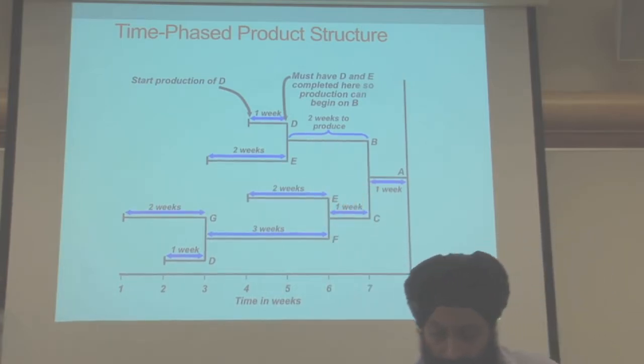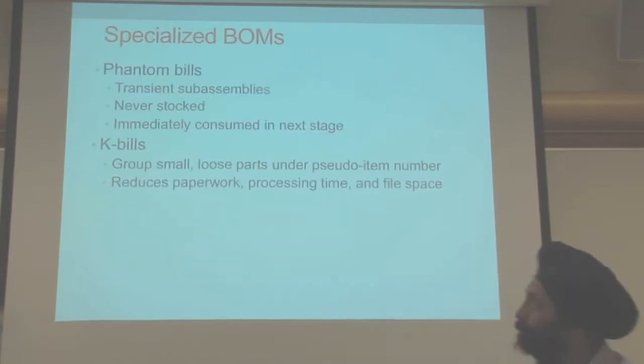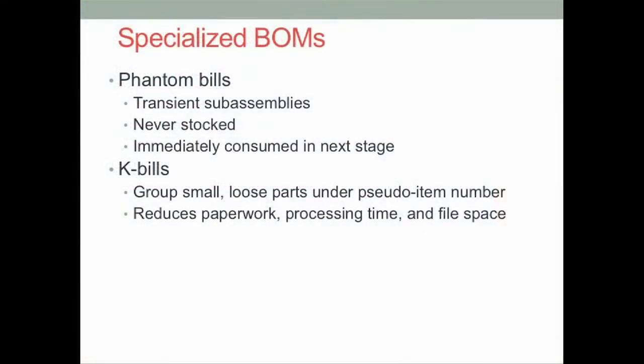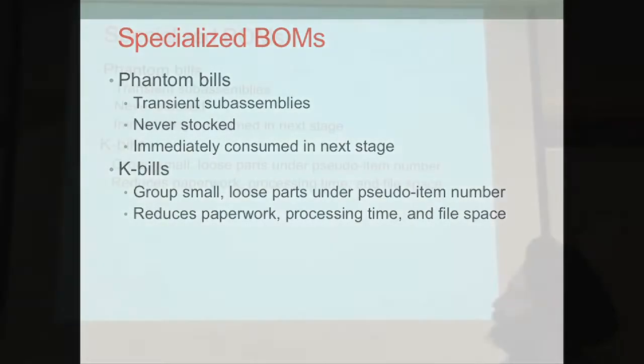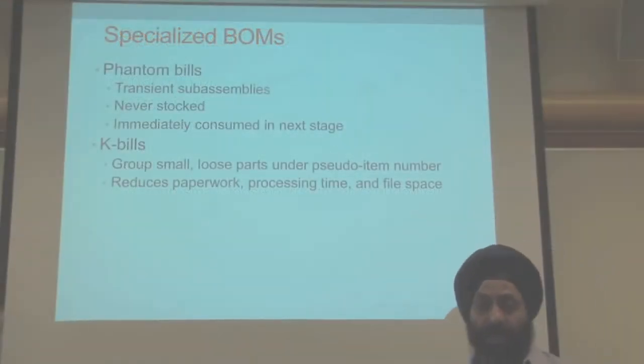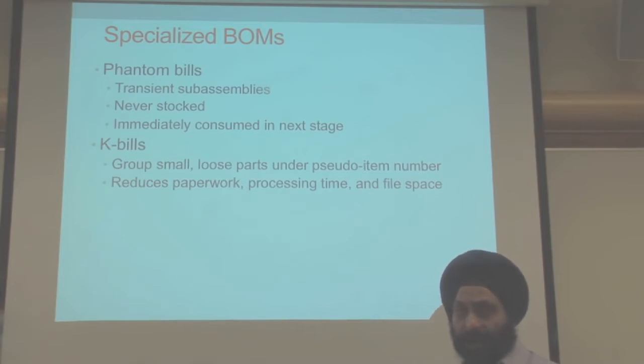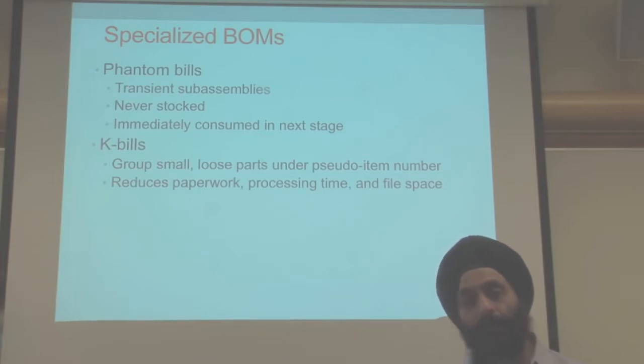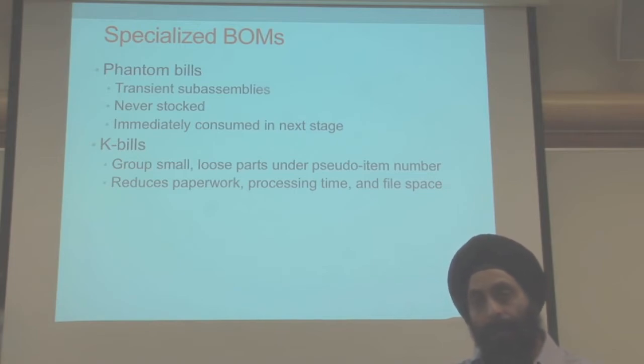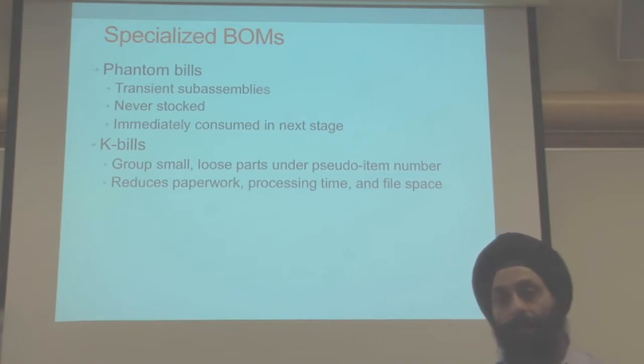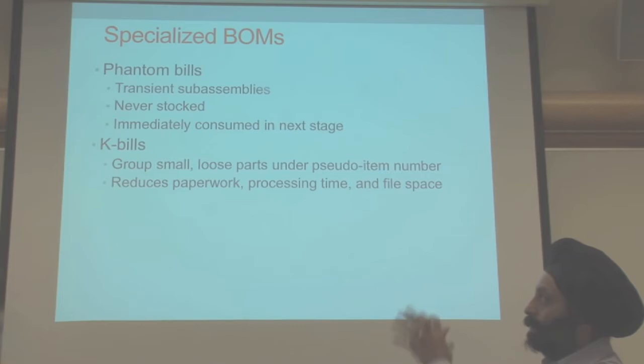Now, in terms of specialized bill of material, we also have in industry what is known as phantom bills, which are for transient sub-assemblies which are just in transit. They are in a transient stage. They are not actually meaningful, but they are the in-process stages before it finally metamorphoses into the final stage.